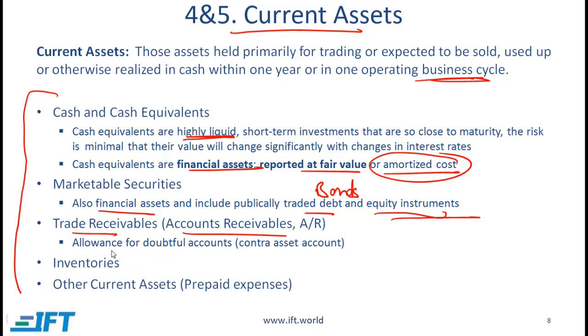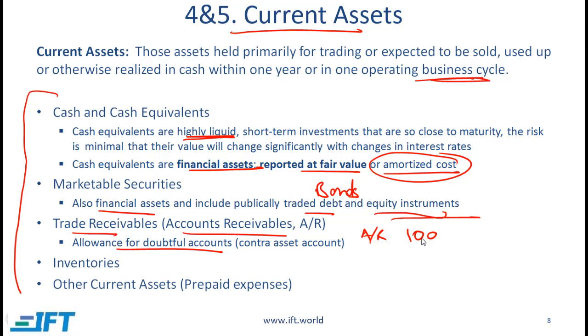We need to also understand the concept of allowance for doubtful accounts. We looked at these from an expense perspective earlier. Here we are taking a balance sheet perspective. Let's say that customers owe you 100. This would be an accounts receivable. You have made the sale and it's a credit sale, so the receivables is 100.